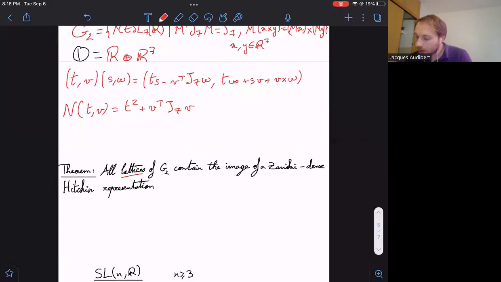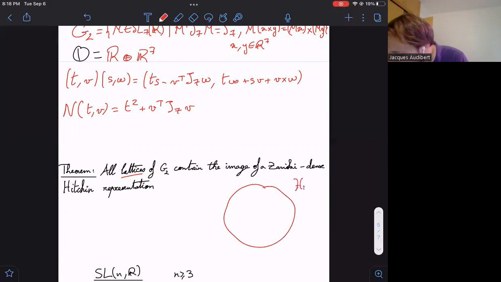And the way this is done is by looking at the Hitchin component for SL7. Here we have the Fuchsian locus.